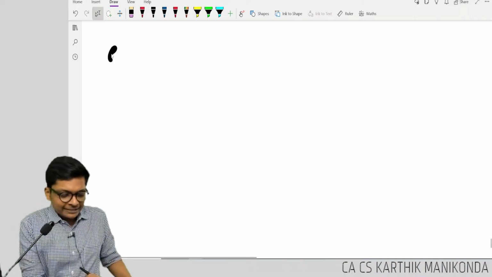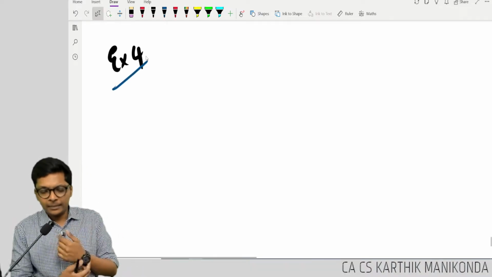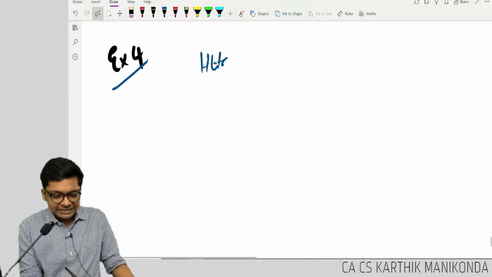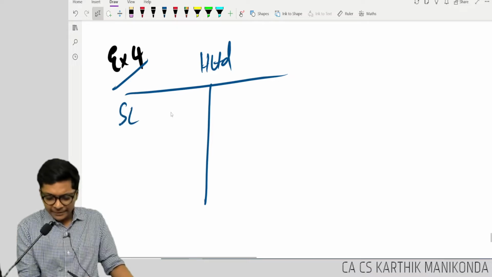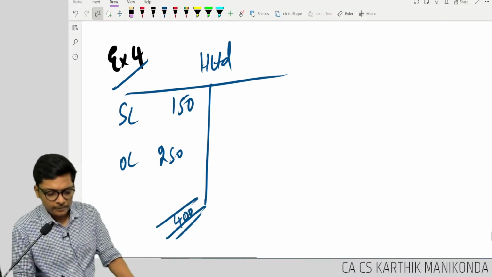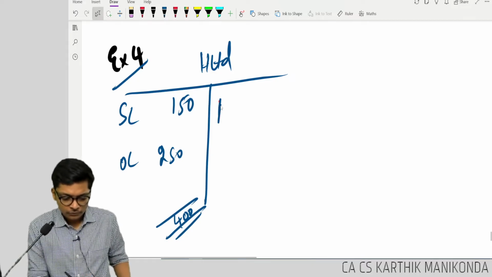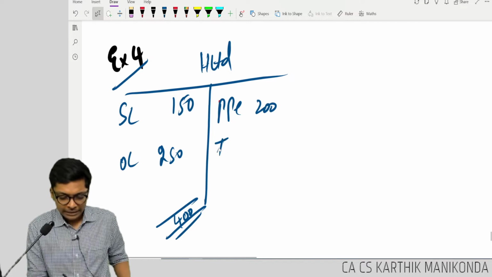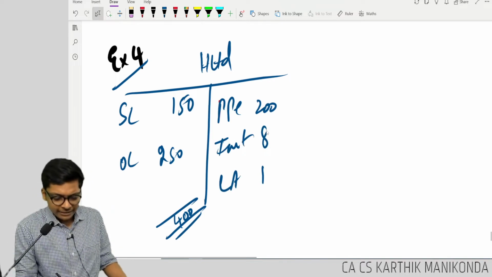Now next, let's go to the next level of examples. Example number 4. Same holding, same numbers. Share capital is 150. Other liabilities 250. PPE 200. Investments, let me fill. Current assets, okay, let's write this as 80.